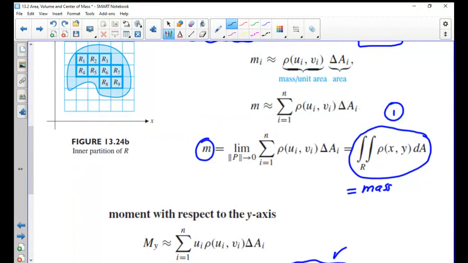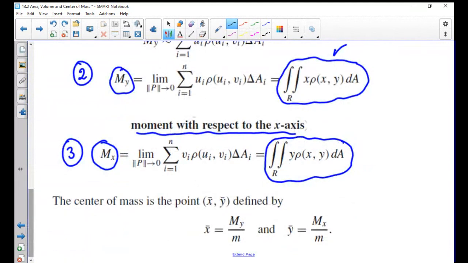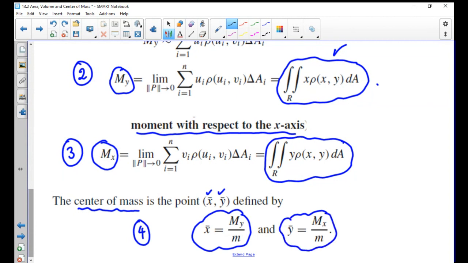So 1, 2 here, 3, and finally the center of mass given by My divided by the mass m, and that's the x coordinate of the center of mass. Center of mass is a point. X coordinate, y coordinate. The x coordinate is this, and the y coordinate is this.